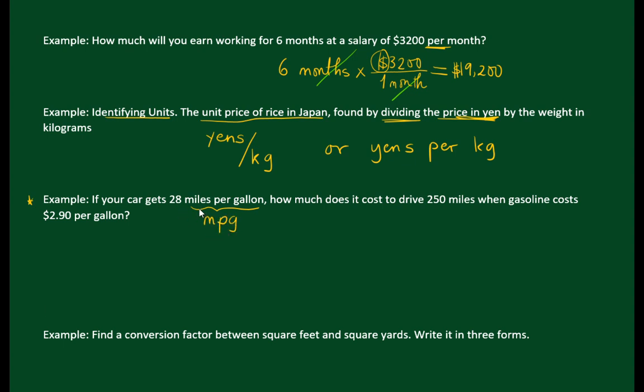On websites, you can see a car's MPG. It's the number of miles that the car can travel with 1 gallon of gas. So for this problem, we have 250 miles to travel, the cost is $2.90 per gallon, and our car's MPG is 28. So how much do we have to pay at the end for this trip?